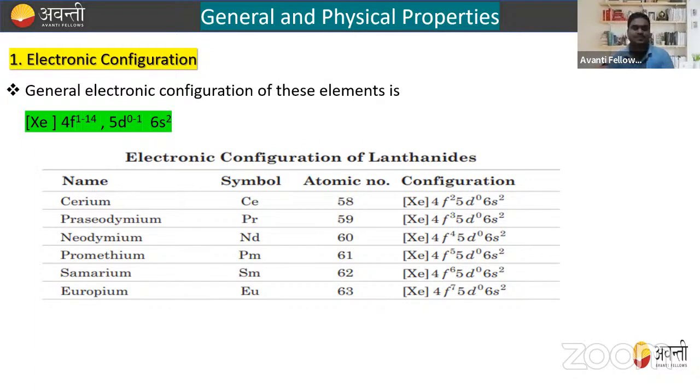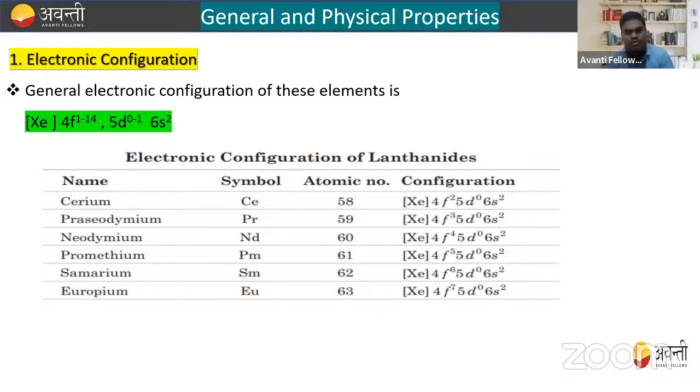For example, the first element of the 4f series is cerium, having atomic number 58. Next is praseodymium having atomic number 59, neodymium having atomic number 60, promethium, samarium, europium, with atomic numbers in this order, right? As you observe, cerium has 4f2, 5d0, and 6s2.